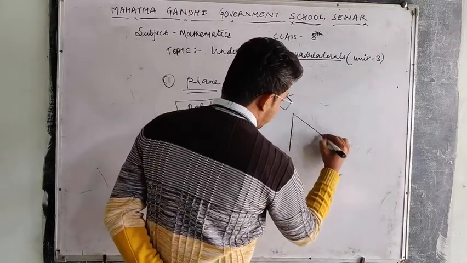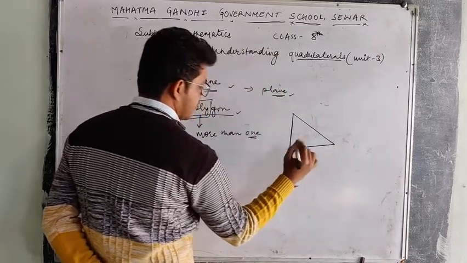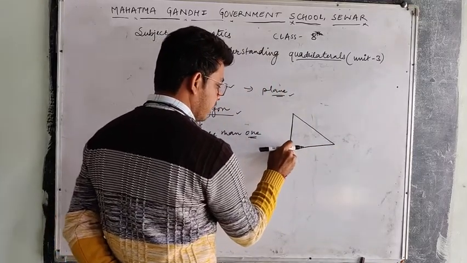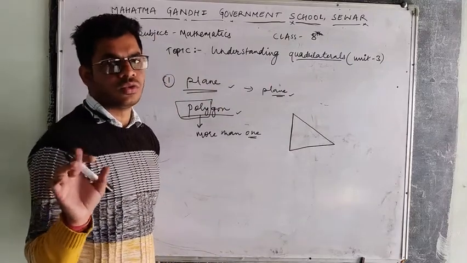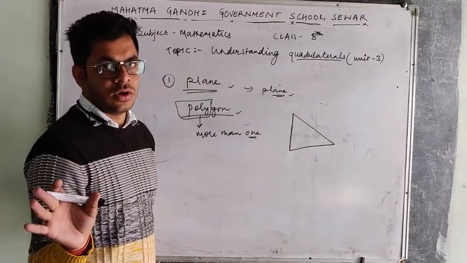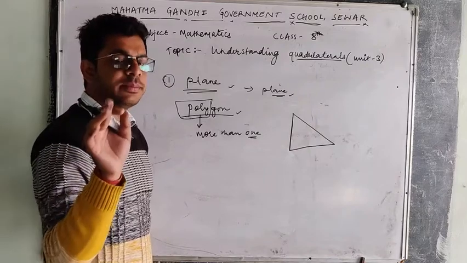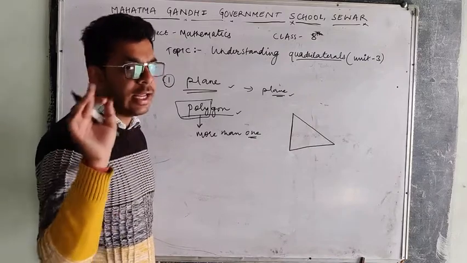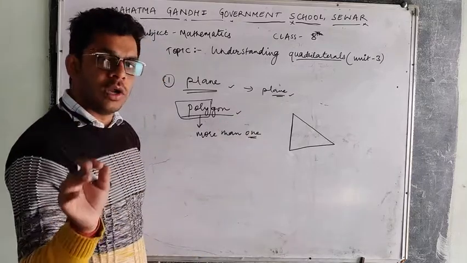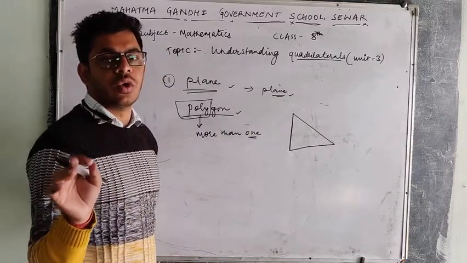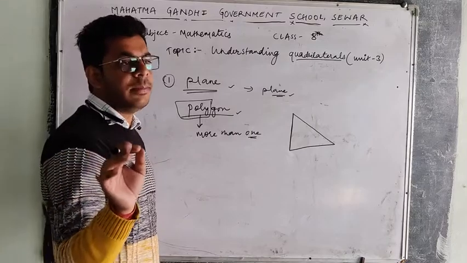If I draw a structure which has more than two lines, or which is simply made of only lines, it is called a polygon. But a polygon should have a closed structure and be made up of only lines.